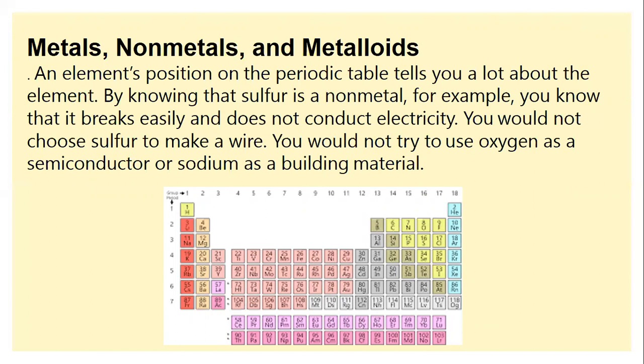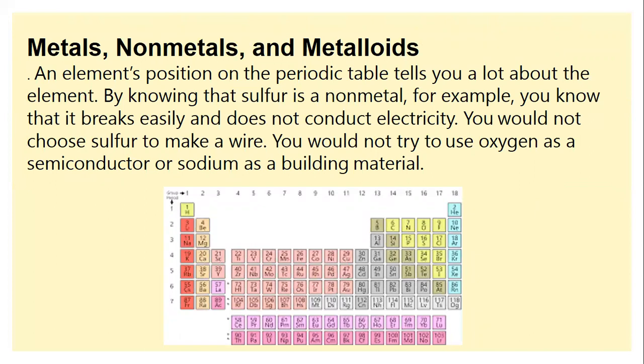Or if it's found in group 1, you know it is a highly reactive element. For example, if I look at sulfur, from its position I know it's a nonmetal, so it breaks easily. It's not ductile. I cannot make wires from it. And it will not conduct electricity because it's a nonmetal.